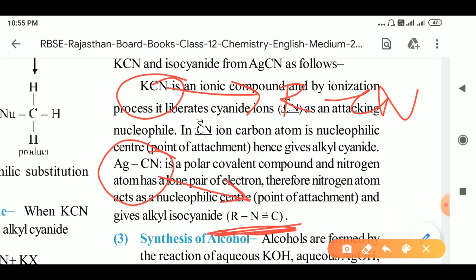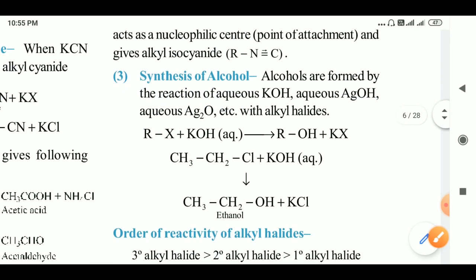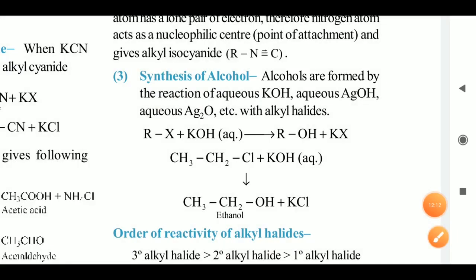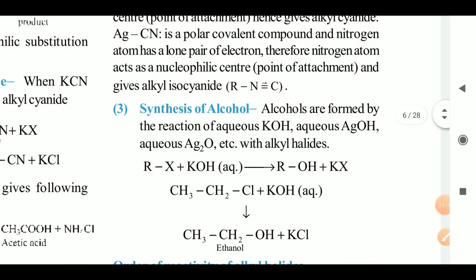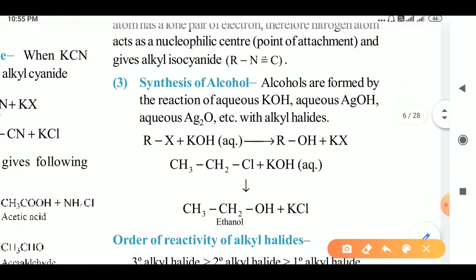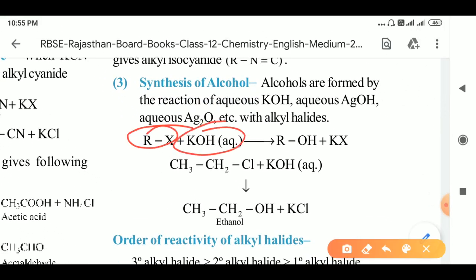Next reaction is synthesis of alcohol. How is alcohol formed? RX, an alkyl halide, reacts with KOH in aqueous form, KX is removed and ROH, alcohol, is formed. This reaction also appears in the formation of alcohols in the alcohol chapter, in the next chapter.